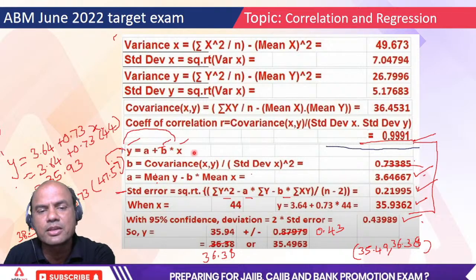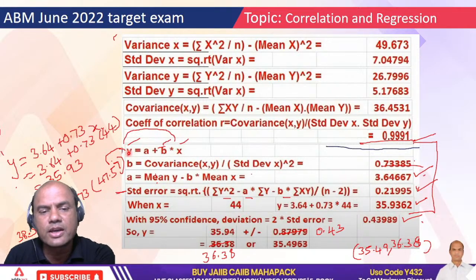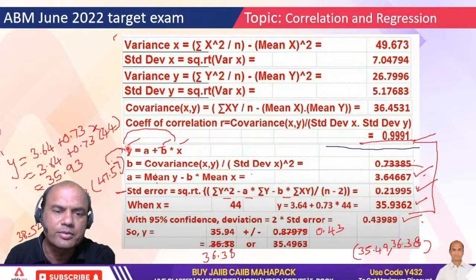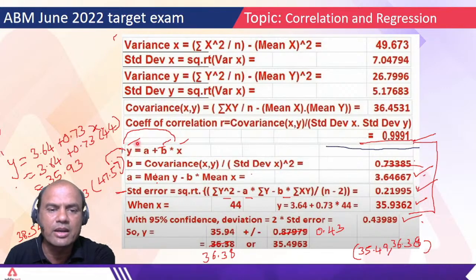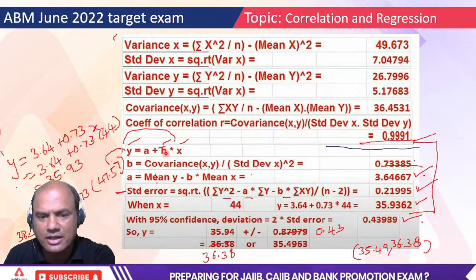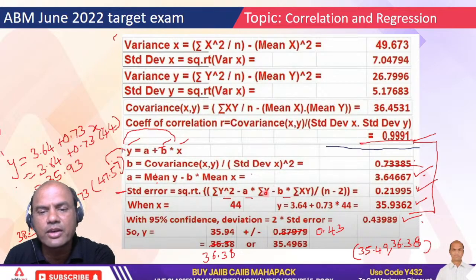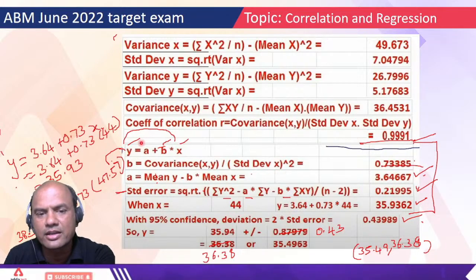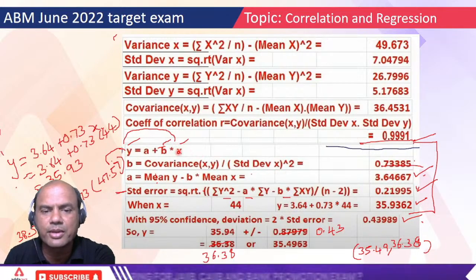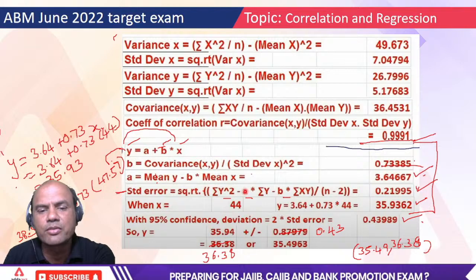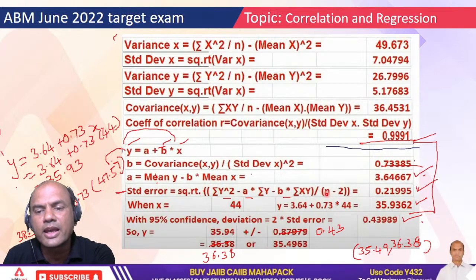Just multiply everything with y. You get y square, take everything on the left hand side. So it becomes y square minus ay minus bxy, and put the summation for everything. And the whole upon n minus 2. Never forget this n minus 2.